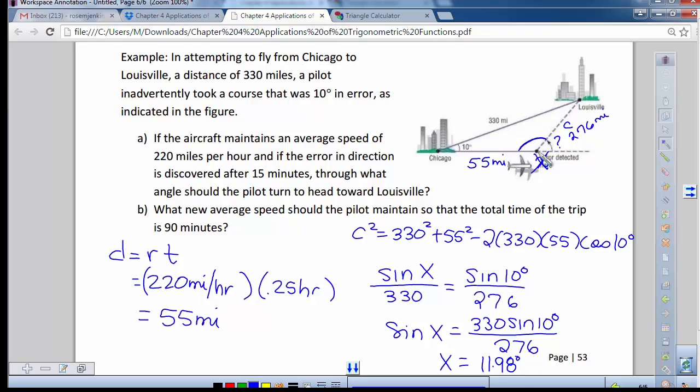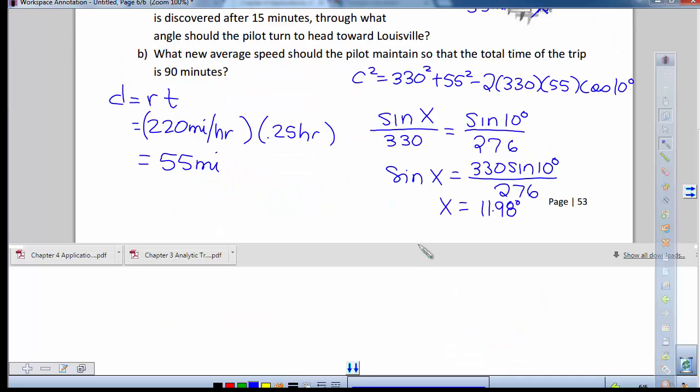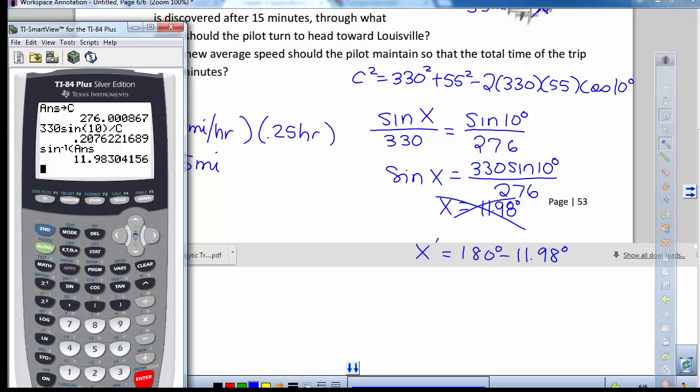If this distance from here to here is 55 miles and all of this is 330 miles. So what we'll have to say then is that the angle on the inside, we'll call it x prime, the thing that works is going to be 180 degrees minus this 11.98 number. Okay, that's the piece that we get on the inside.